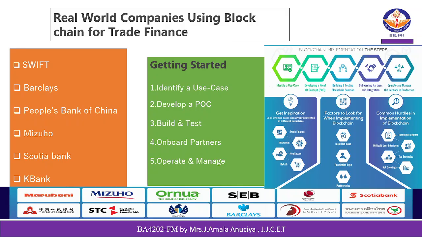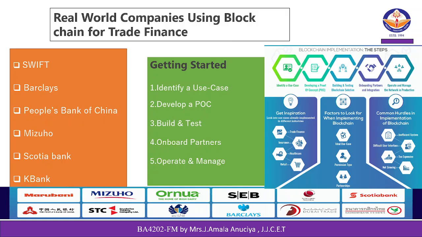Swift launched a proof of concept, POC, also known as GPI link. Misco did the first trade finance transaction between Australia and Japan, working for Marubeni Corporation and Sompo Japan Insurance.